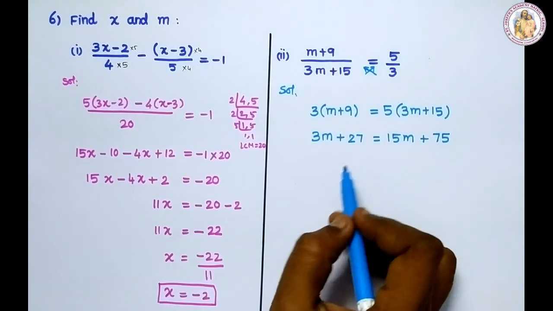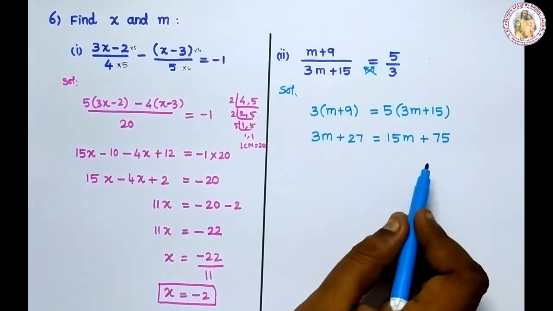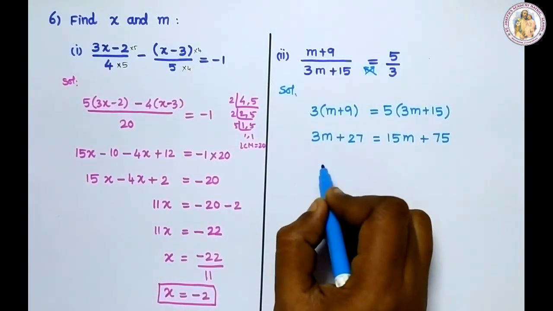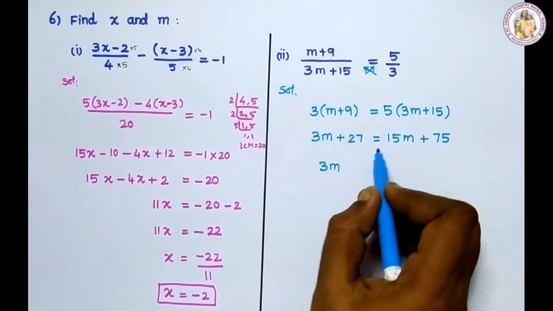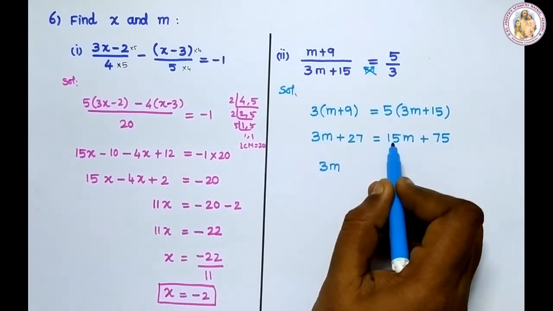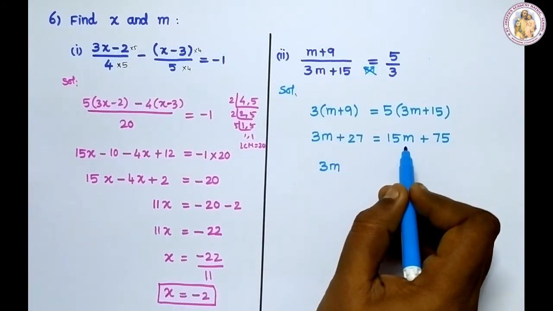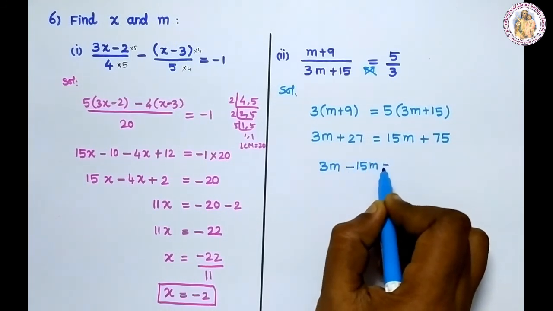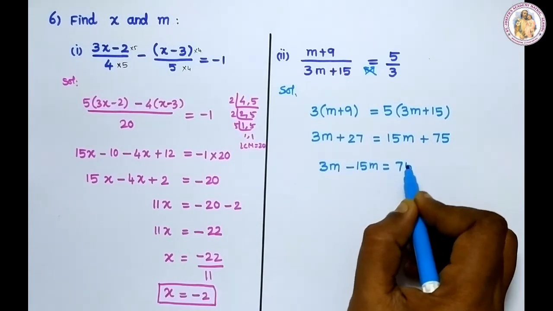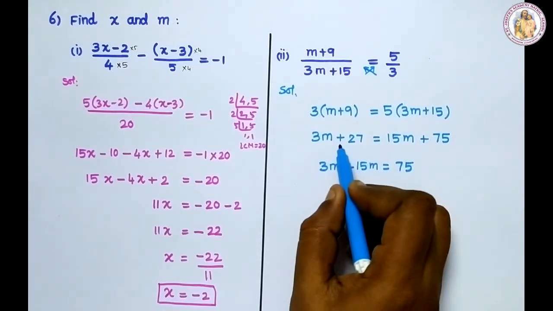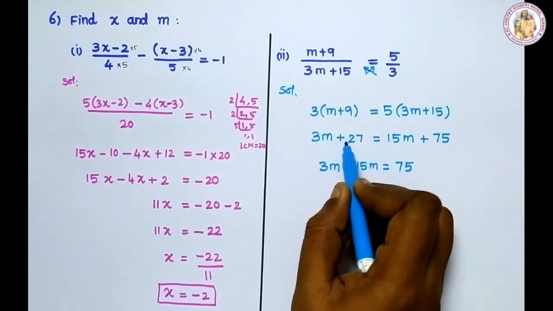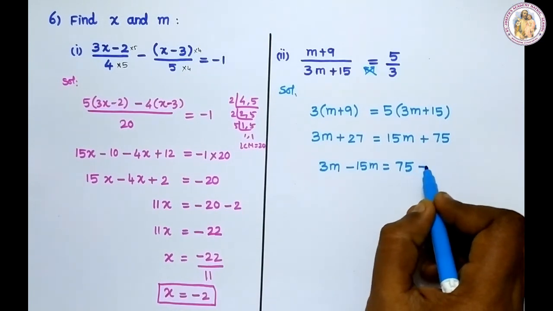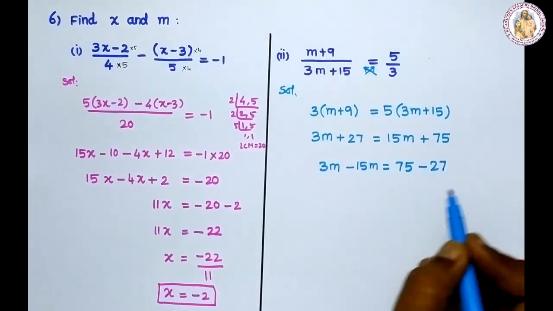Now assemble the variables one side and numbers one side. So 3m plus 15m is, bring this side means minus 15m, equal to 75 is there. Bring the 27, plus 27 to this side means it becomes minus 27.